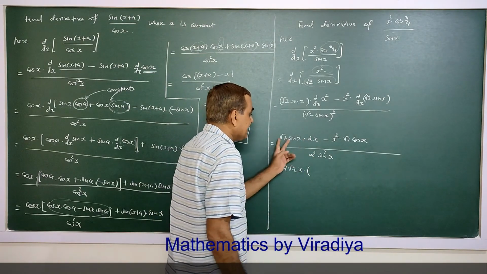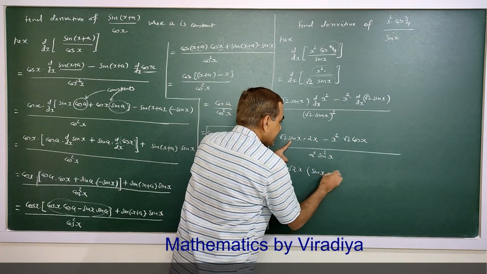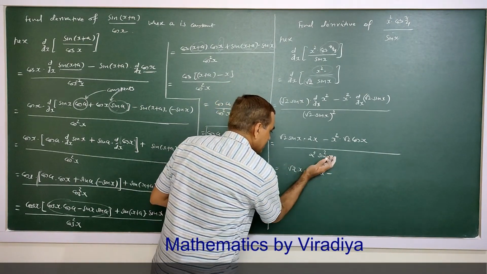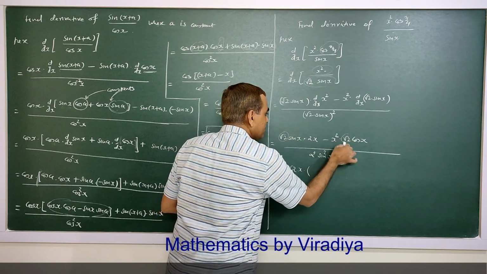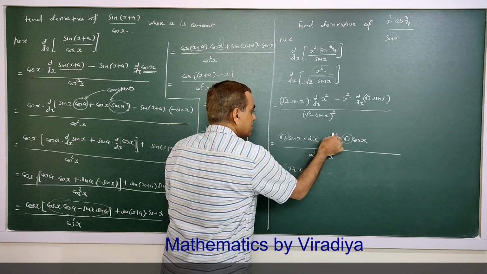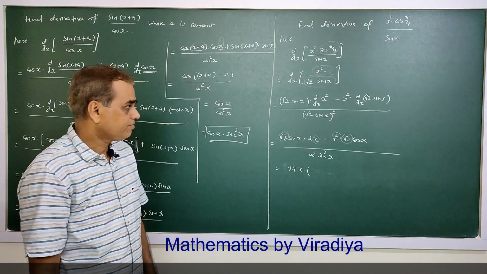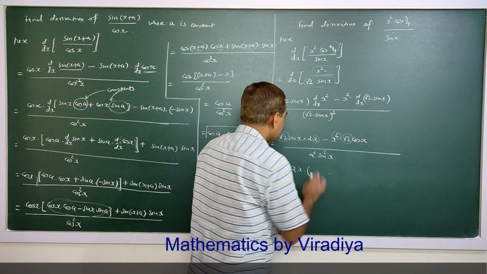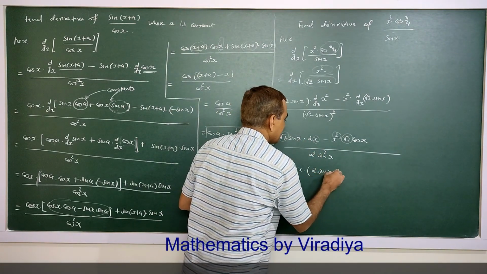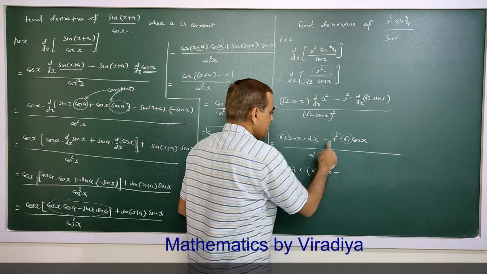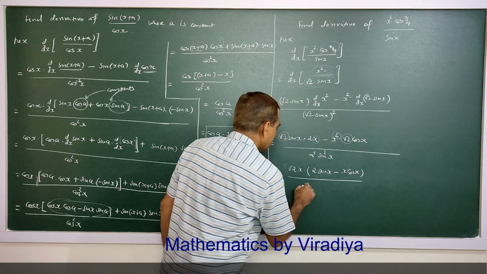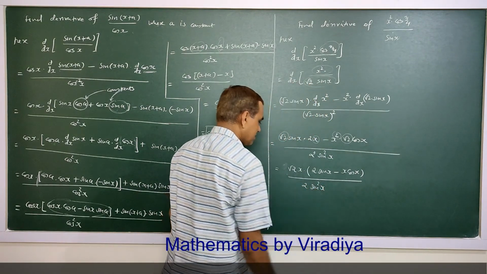What is left inside the bracket? 2 sin x minus x cos x upon 2 sin square x.